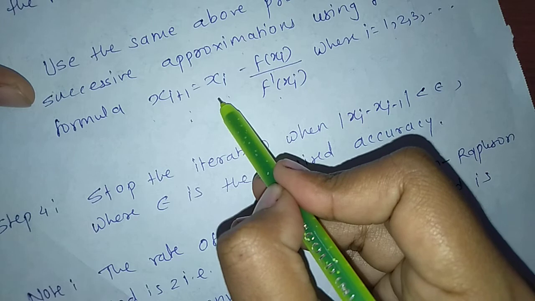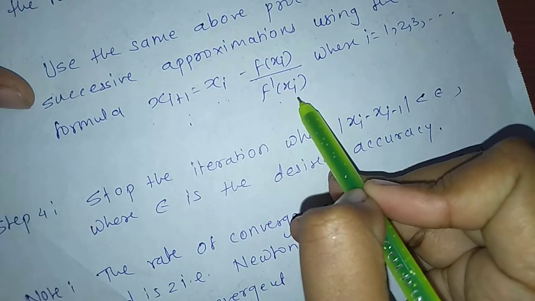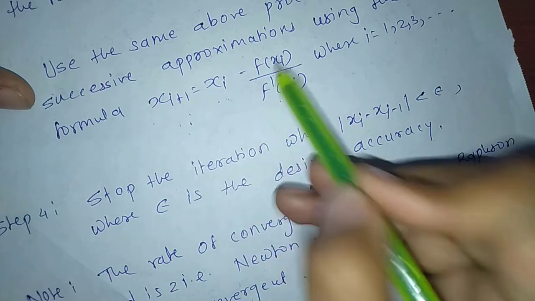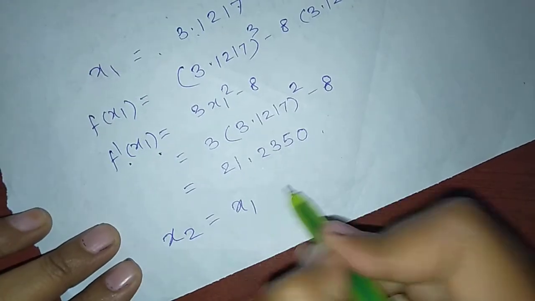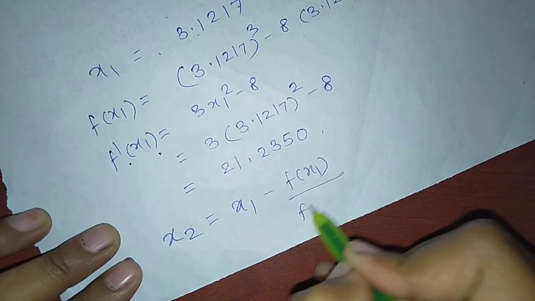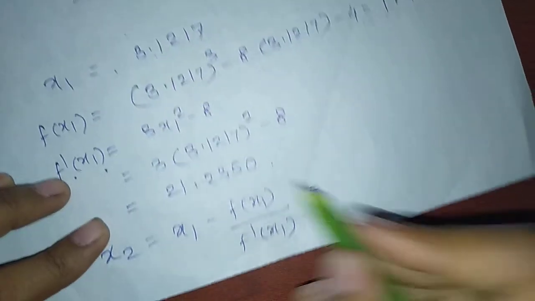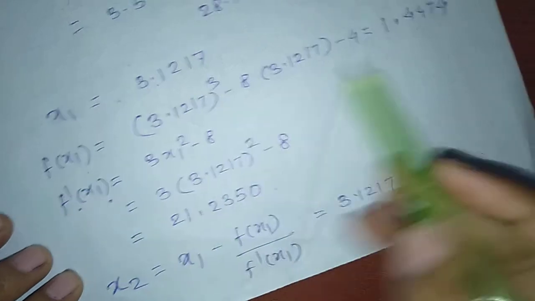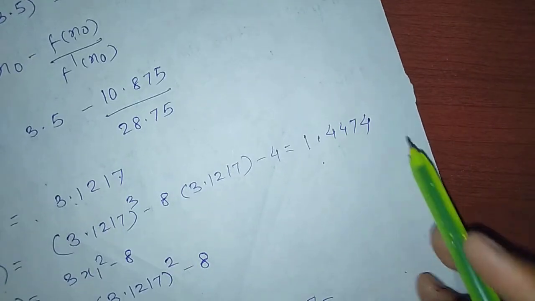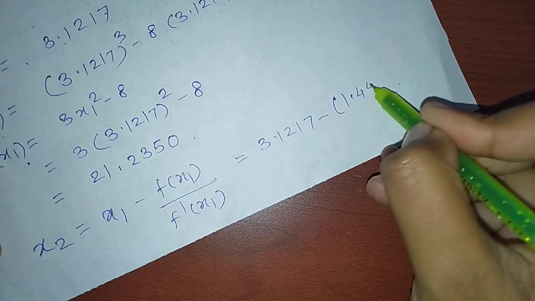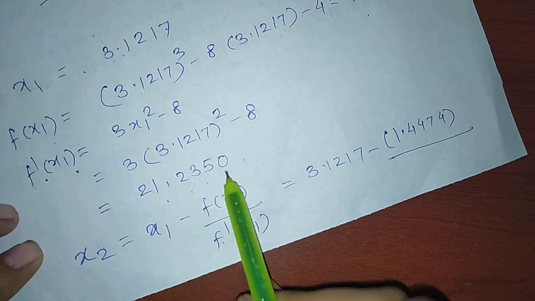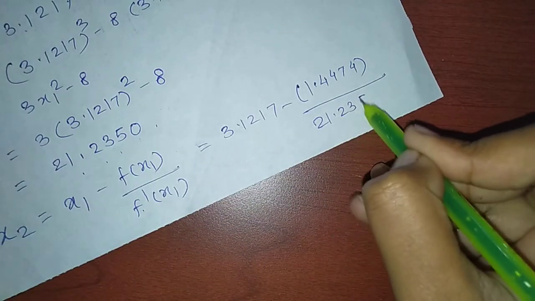Now calculate x2, by using the formula x i plus 1 equal to x i minus f of x i upon f dash of x i. Put here i equal to 1, we get x2 equal to x1 minus f of x1 upon f dash of x1, equal to 3.1217 minus 1.4474 upon 21.2350.